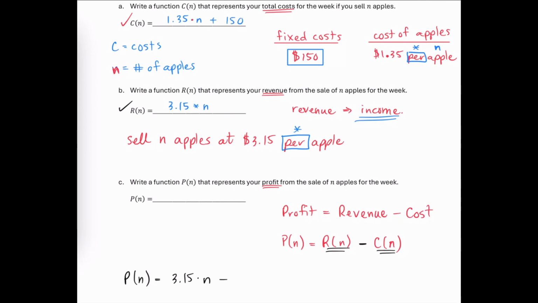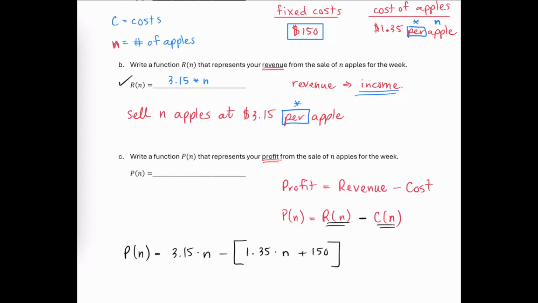Now, in order to ensure that we're subtracting the entire cost function, we do need to open up a parens, and we'll say 1.35 multiplied by the number of apples that we purchase and sell, plus the $150 booth fee, and now we're just going to want to simplify. To simplify this, we'll distribute in the negative. Let's copy-paste our profit functional notation here on the left-hand side.